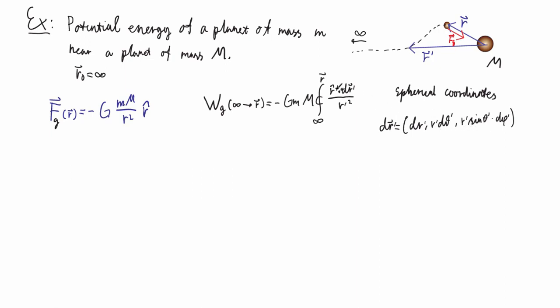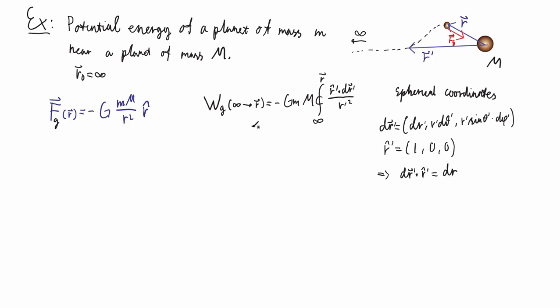Now, r hat prime is just this in spherical coordinates. So this gives us, conveniently, this.